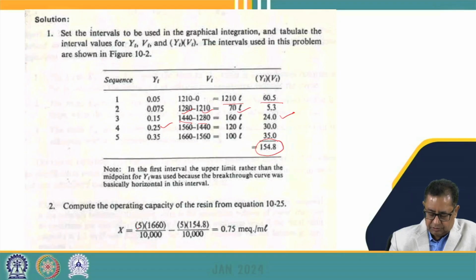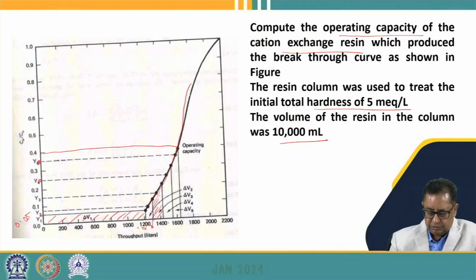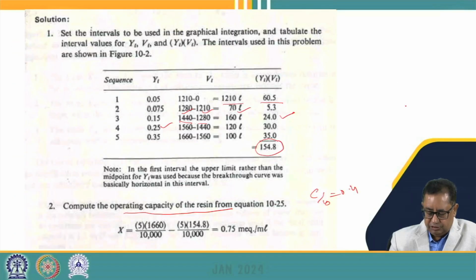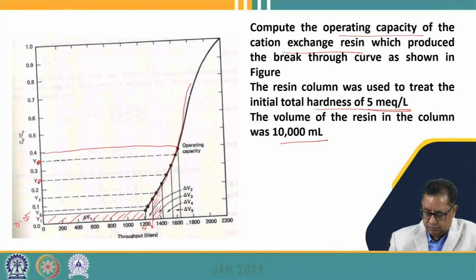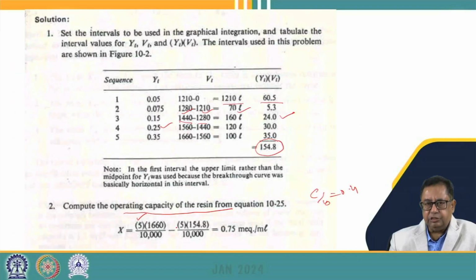So we can see that the total operating capacity of the resin corresponding to C by C naught equal to 0.4 will be equal to the hardness that we are putting here, that is 5 milliequivalents per liter of hardness, and 1660 represents the total volume that is put onto the resin, right?